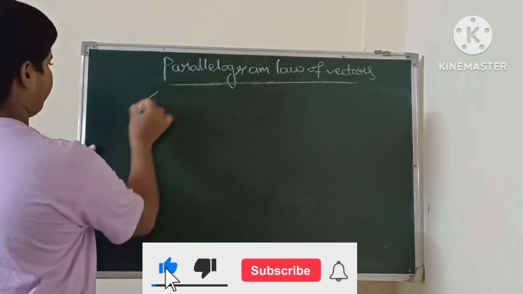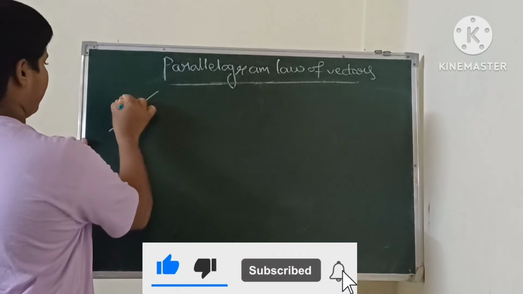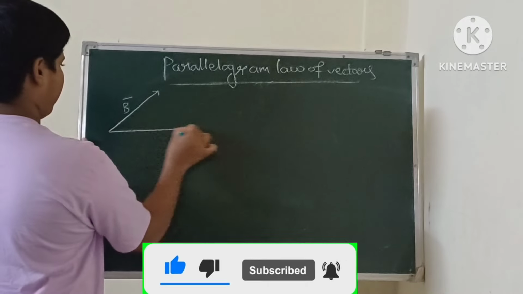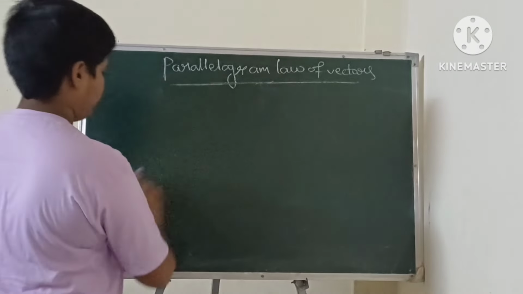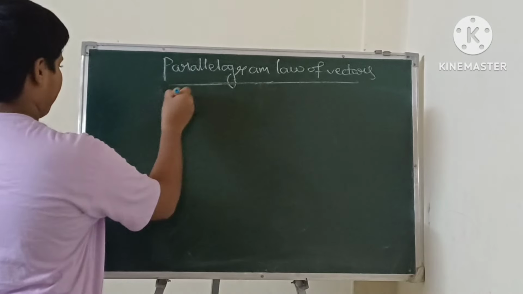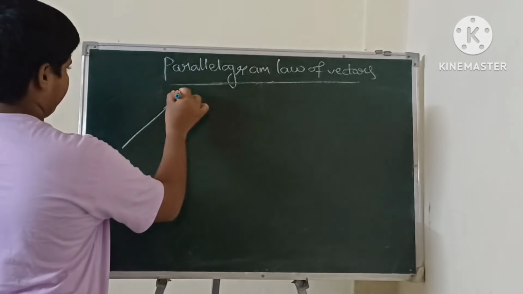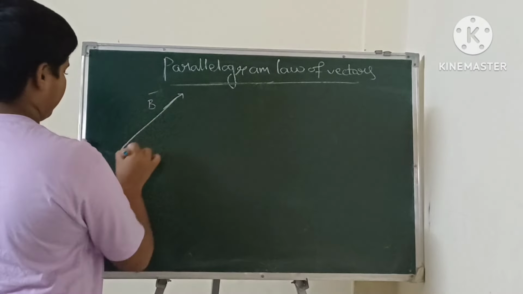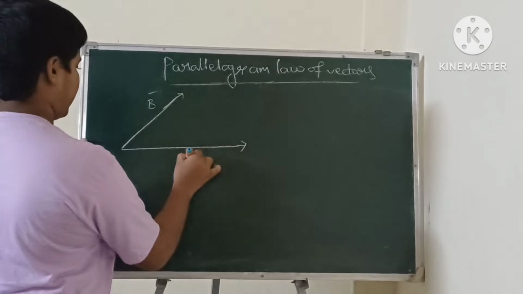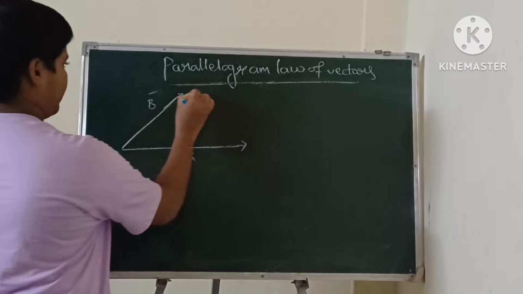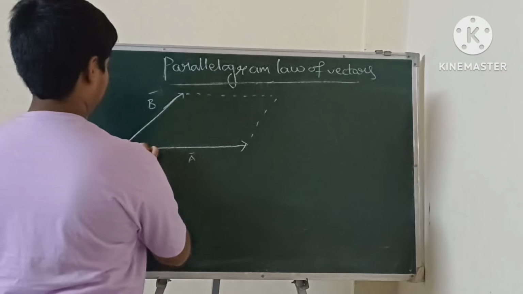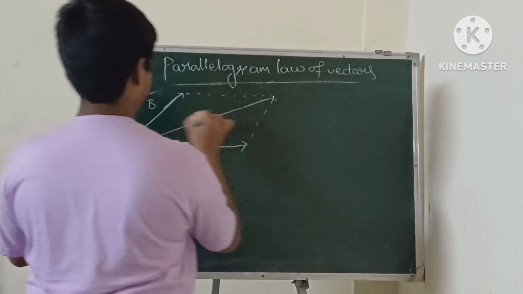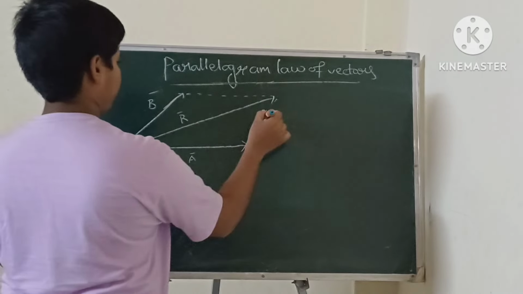So here this is B bar vector and this is A bar vector, and this is the resultant R bar.